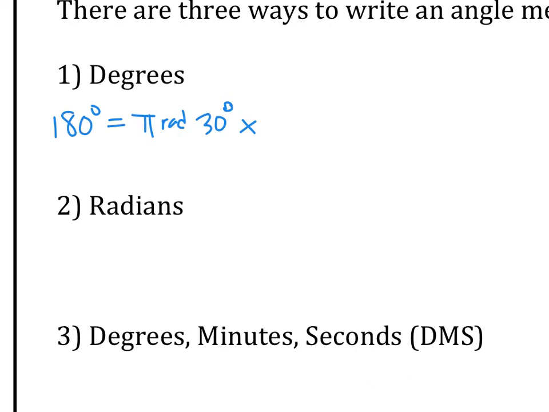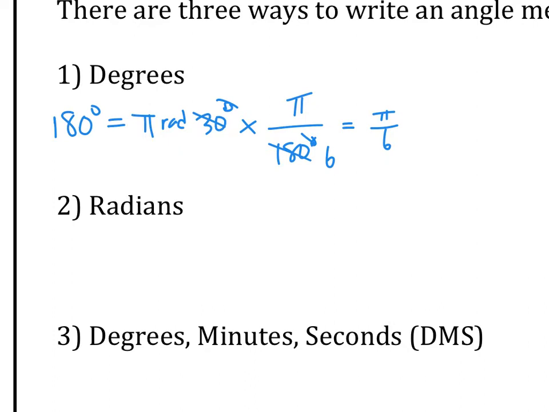Next thing, I know that I want this eventually to look like radian, but I need to cancel out degrees. So whatever I need to cancel will always have to be in the denominator. That way it can cross cancel, right? And then the same thing as 180 degrees is pi, so I just put pi on top, and that would be my conversion factor, and then I multiply over. The degrees are gonna cancel, and then 30 and 180 is just 6, so this means pi over 6. So 30 degrees is the same thing as pi over 6.